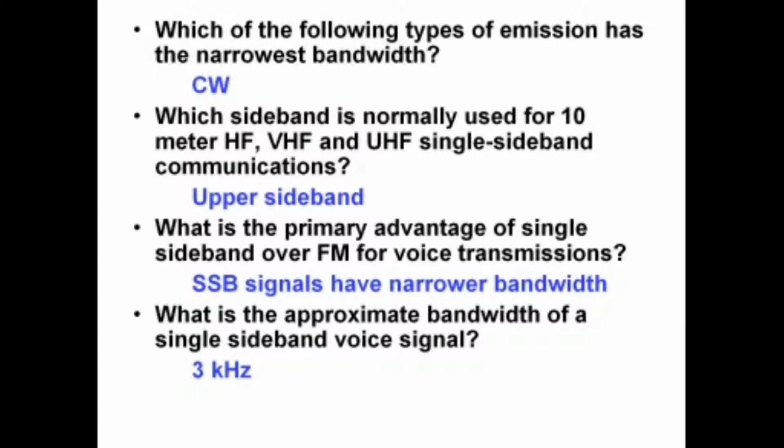Yeah, Milt, I got a question. Okay, so is the reason that Morse code is the narrowest bandwidth that you're basically turning the carrier signal on and off? That's correct. Yes, it could be considered amplitude modulation. The key to bandwidth is how much information you're transmitting.